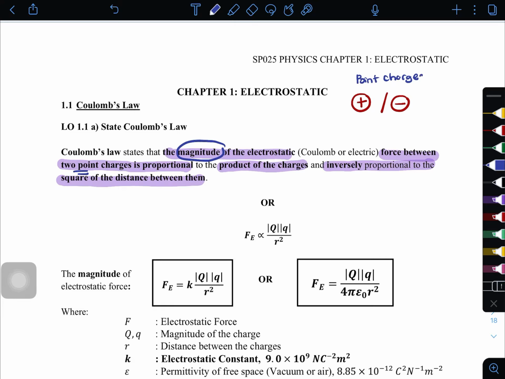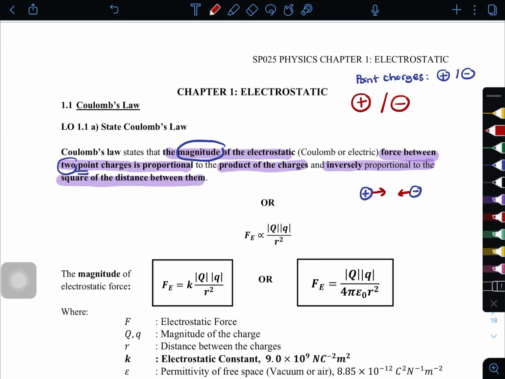Point charges can be positive or negative charge, but if we put 2 point charges, because it says 2 point charges, the force is proportional to the product of the charges. So I have a positive charge and a negative charge placed next to each other. When there is positive and negative, they will attract toward each other.